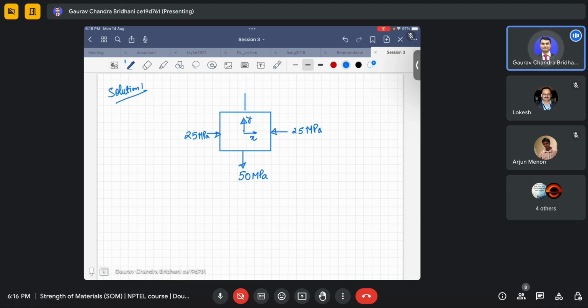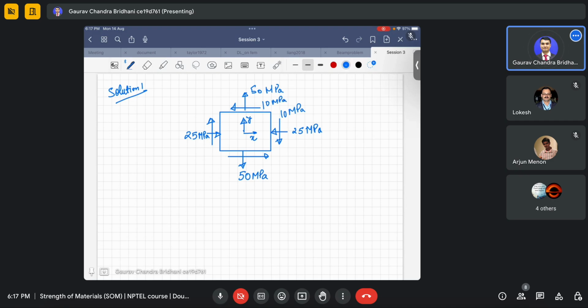Just look at the directions of the arrows. Then we have shear also, something like this. The magnitude is 10 MPa, and equality of cross shear makes this also 10 MPa.